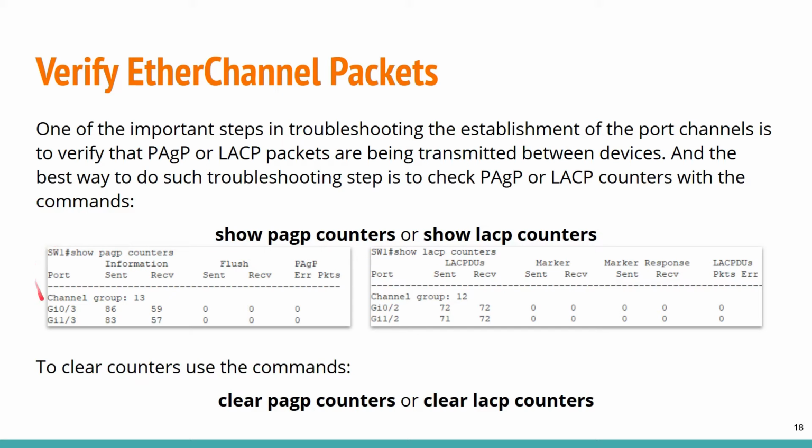Here we have an example of output from both commands. Show pagp counters, and you can see information sent and received, and show lacp counters, LACPDUs sent and received. To clear counters, use the command clear pagp counters for PAgP protocol or clear lacp counters for LACP protocol.